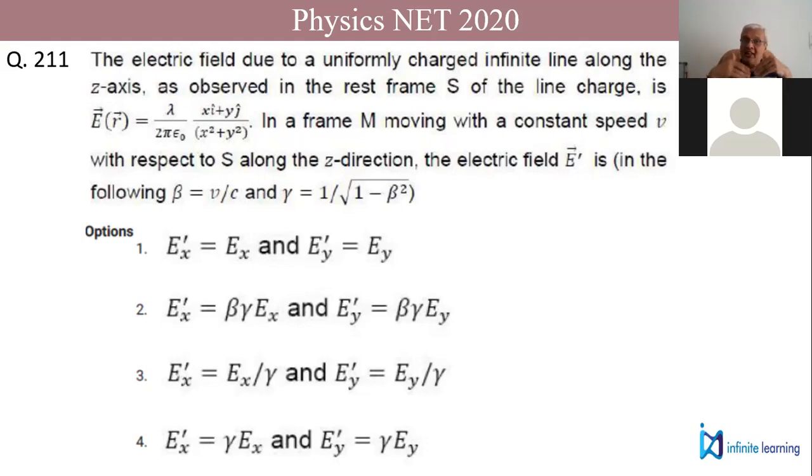If you don't take the appropriate transformation, you will get into trouble. So you have to be extremely careful when you write your transformation equations, with what direction the relative motion is in. So you understand the technique, how you will proceed with the questions.